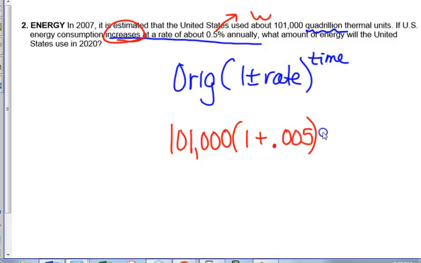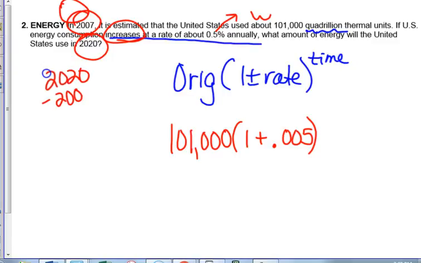0.005. And from 2007 to 2020, 2020 minus 2007 is 13 years, so we need to the power of 13.